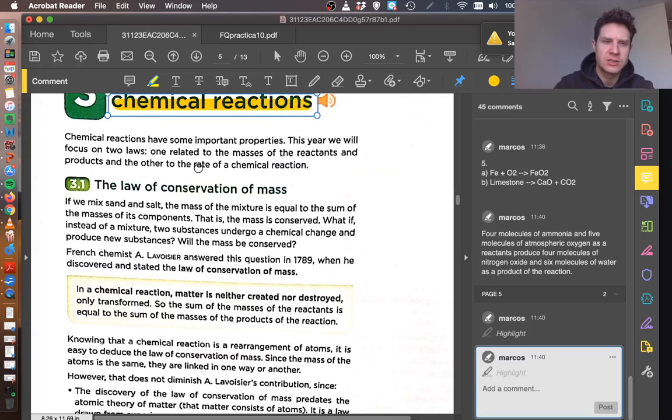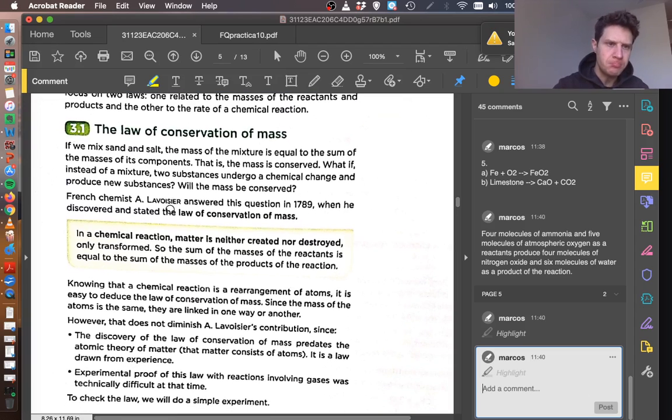Chemical reactions have some important properties. This year we will focus on two laws. One related with the masses of the reactants and products, and the other to the rate of a chemical reaction. The first is the law of conservation of mass.